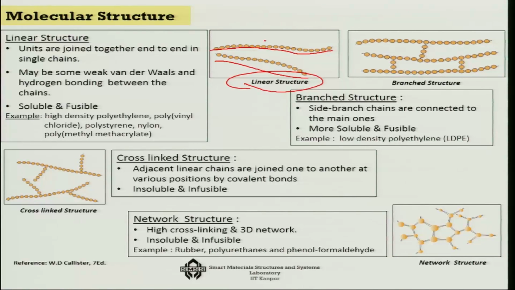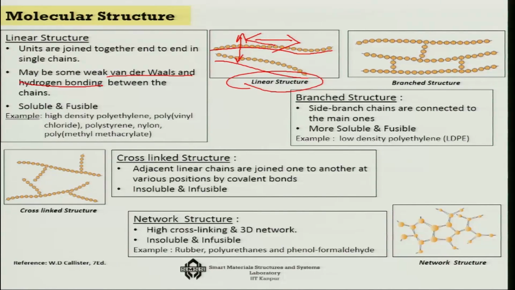Along their axis, because of covalent bonding, they are very, very strong. But if you think of the transverse direction between the two, then there is not much bonding force there. This will be either very weak van der Waals bonding or hydrogen bonding kind of things.